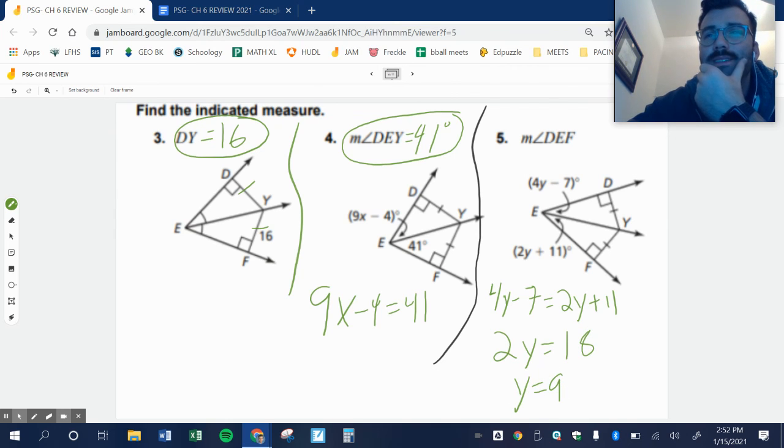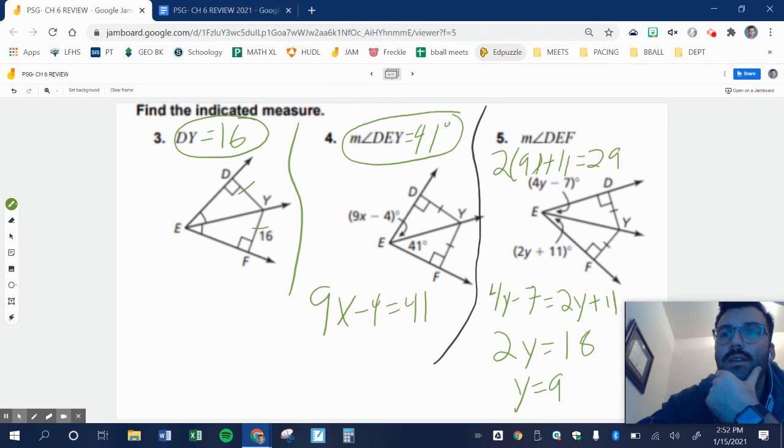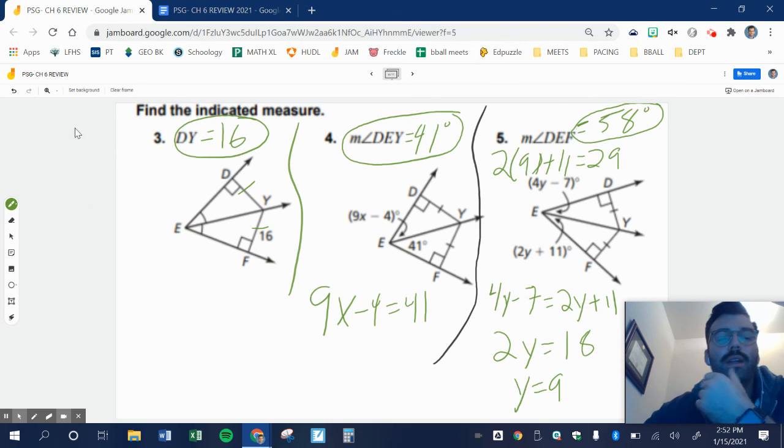It says DEF, so plug it in. 2 times 9 plus 11. 2 times 9 is 18. 18 plus 11 is 29. So DEF must equal 29 times 2, 58 degrees. And I'll pause there.